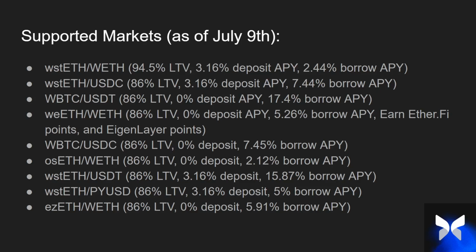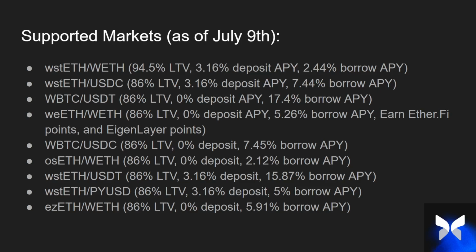So if we do 5x and we see a point, what is that, 0.6% per base position, we can go 0.6 times 5, and that will give us an additional 3% APY over the base position if we don't borrow. That's pretty interesting. For example, if we do wrapped BTC and USDT and we try to loop, our borrow APY is far more substantial compared to our deposit APY, so we will be incurring quite a few fees.